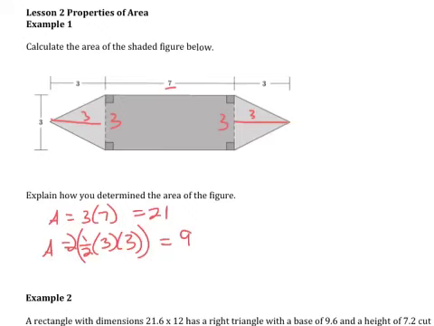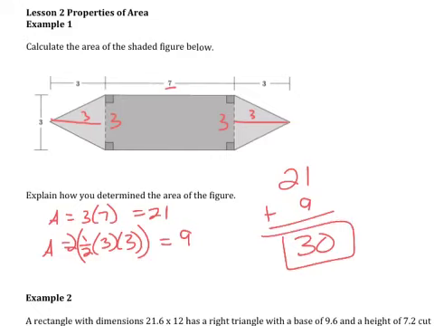So the total area is just the sum of the two. 21 plus 9 is going to be 30. And again, we determine that because we know that the total area is going to be the sum of the area of the rectangle plus the two triangles. So you just added them up because there is no overlap.